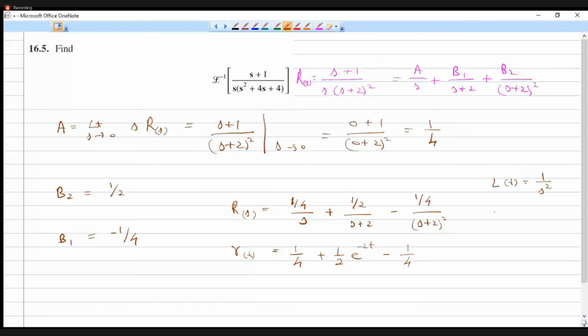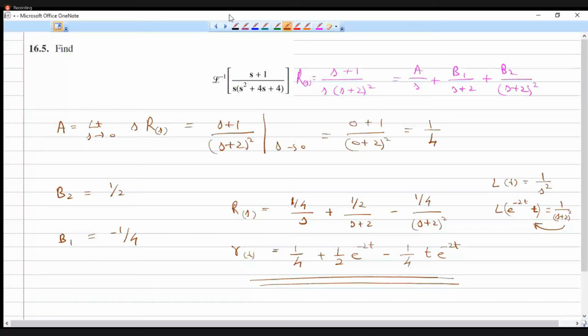So what is L of e power minus 2t into t? Just replace s with s plus 2. So that it will be 1 by (s plus 2) the whole square. So what is the Laplace inverse of 1 by (s plus 2) the whole square? It is e power minus 2t into t. So that property of inverse Laplace transform you can use here. You don't have to do any integration here. So that will be 1 by 4 into t e power minus 2t.